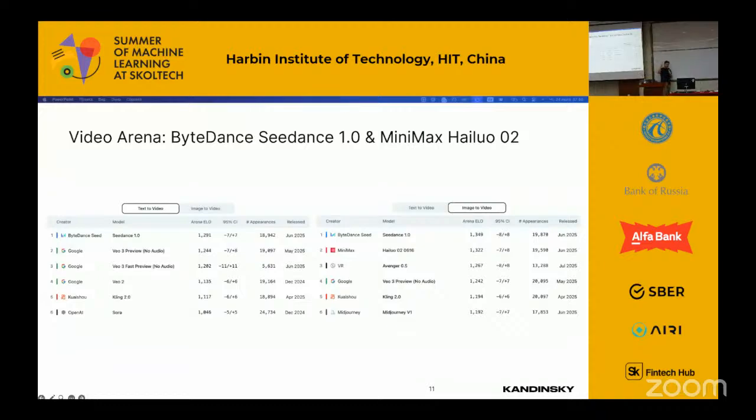So you should ask a lot of questions about the text prompt following: a number of objects from the prompt, properties of the objects, and so on. The second category is questions about visual quality. The third is questions about dynamics, the quality of movements, and so on.